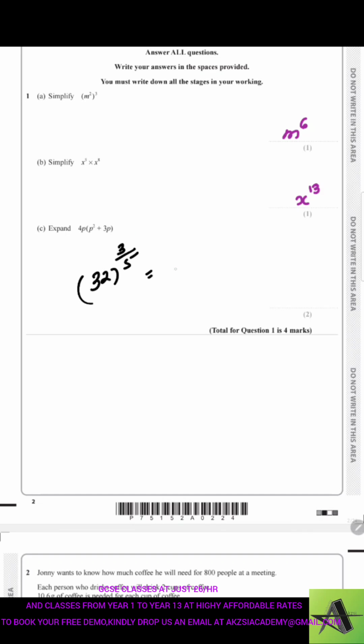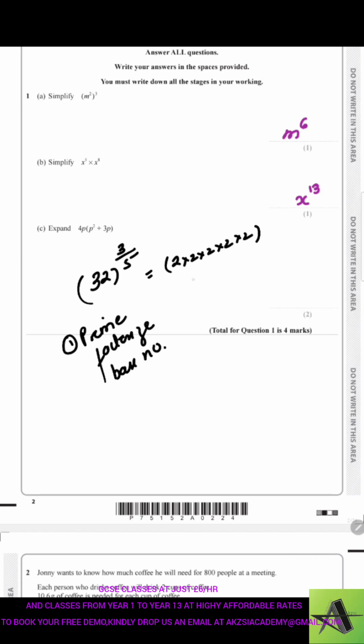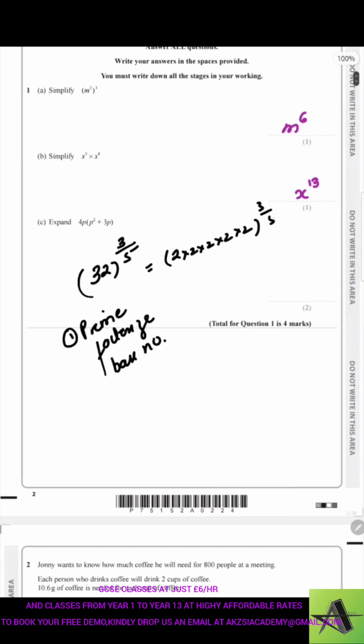So your first step is to prime factorize the base number. So this would be 2 times 2 times 2 times 2 times 2. Your first step is completed. The second step would be converting it into a to the power of m form.